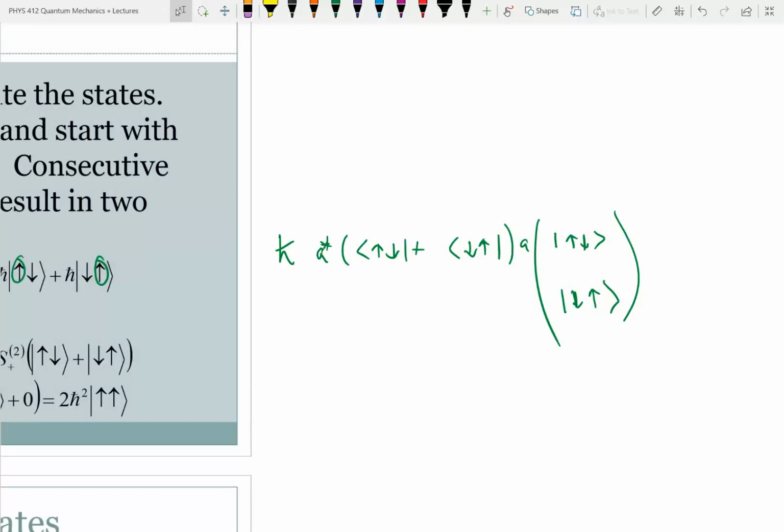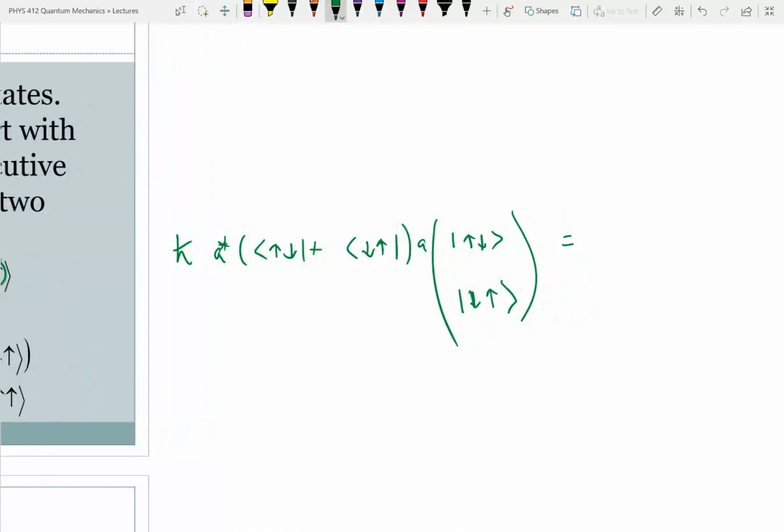When you do this, you're going to get two h bar a mod squared. And so it turns out that a must be equal to 1 over the square root of 2.